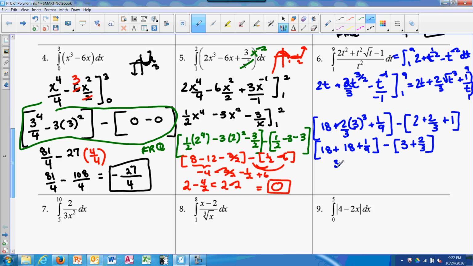So I have 36 plus 1 over 9 minus 3 minus 2/3. So I have to distribute the negative. I'm going to write that 2/3 is 6 over 9. So I have 33 minus 5 over 9.